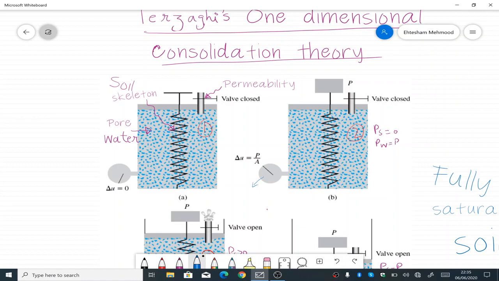All the load P that we have applied will be carried by the water, by increasing its pore pressure. So there would be an increase in the reading of the pressure gauge attached to the cylinder, and that would be exactly equal to the load that we have applied.